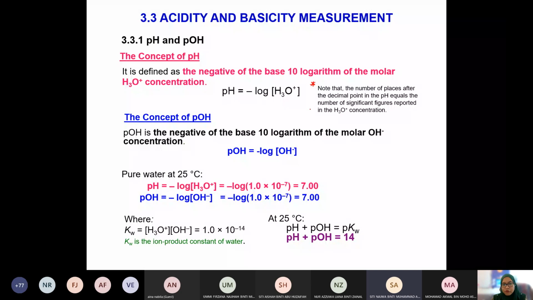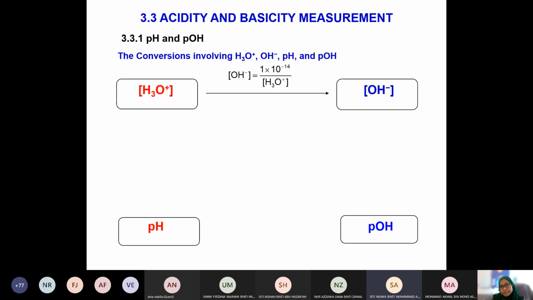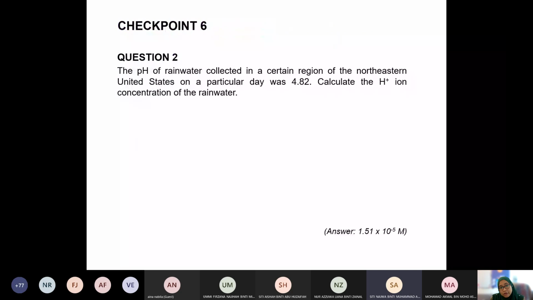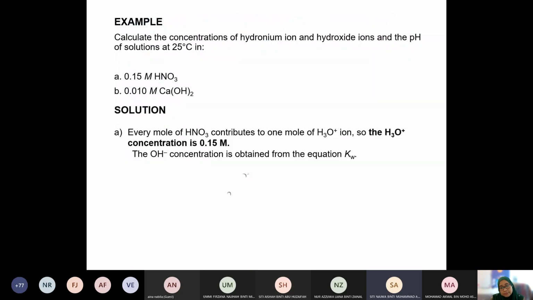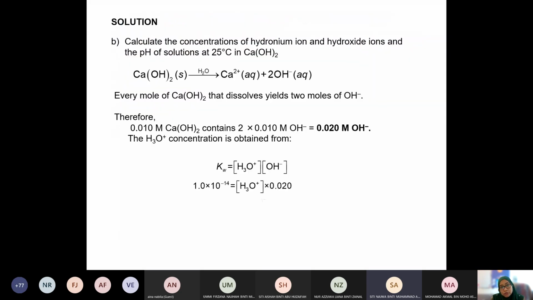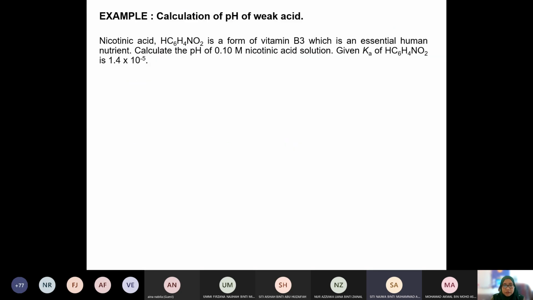Normally when we record the pH, the pH instrument is able to record the value up until 2 decimal points. Not more than 3, unless it is a very sensitive instrument. But normally it will be 2 decimal places only, right? So please take note of that. Don't just simply guess. Make sure you consider the significant figure of the concentration first, okay?